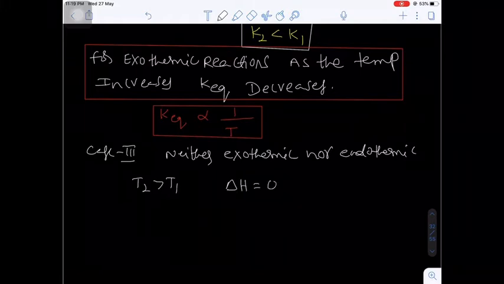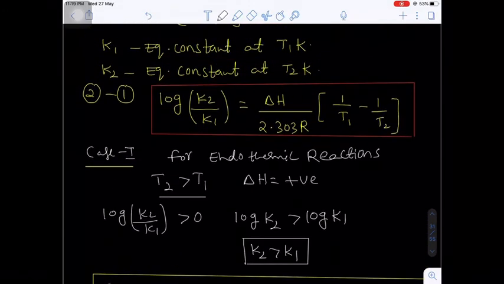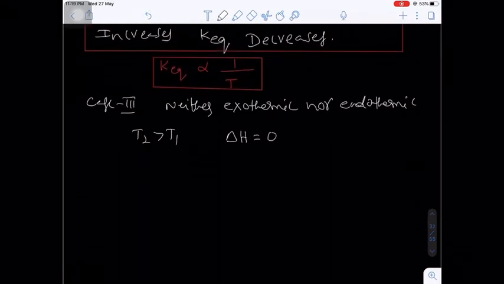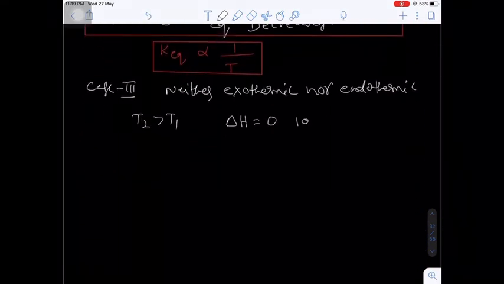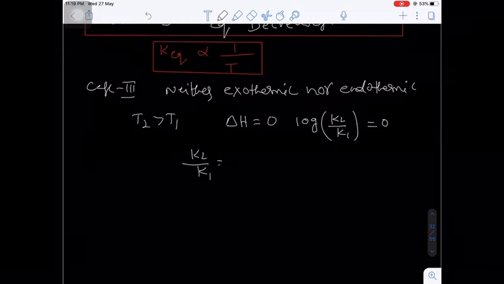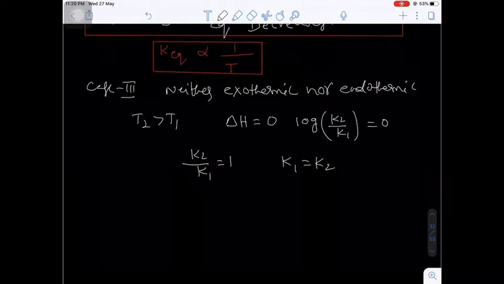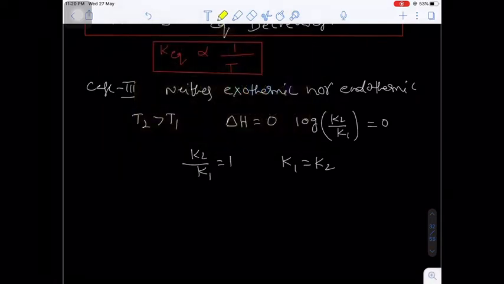Let's suppose neither exothermic nor endothermic means delta H value should be equal to 0. When the delta H value is 0, put the delta H value in this expression. On the complete right side you will get 0. So log of K2 upon K1 is equal to 0. That means K2 by K1 is equal to 1. That means K1 equals K2.